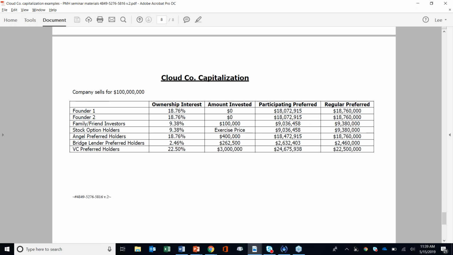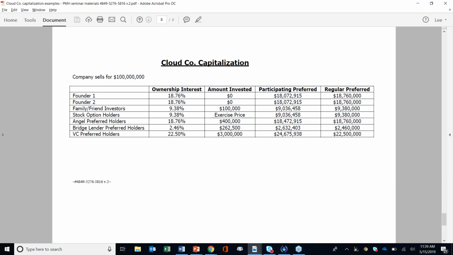It says, is the participating versus regular preferred decision by the investors made at the time of the investment, or can it be made as a function of the sale price? It is made at the time of the investment. And the reason for that is the investor wants to know what they have in making a decision about whether they're going to invest. It is all a scenario of the prospects for your company, the industry of your company, the current dynamics of whether there's more money to invest in companies than there are companies to invest in, just the particular market at the time.